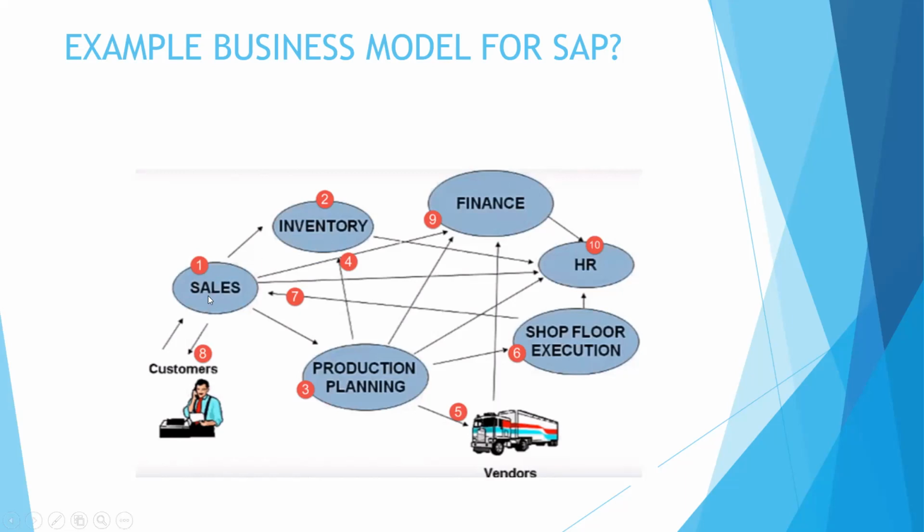Then the salesperson takes an order from the customer. Immediately he will check the inventory: is 1000 ml available or are 850 ml bottles available? Then the third step: assume he ordered 10 bottles, only 6 bottles are available, and the remaining 4 are required.